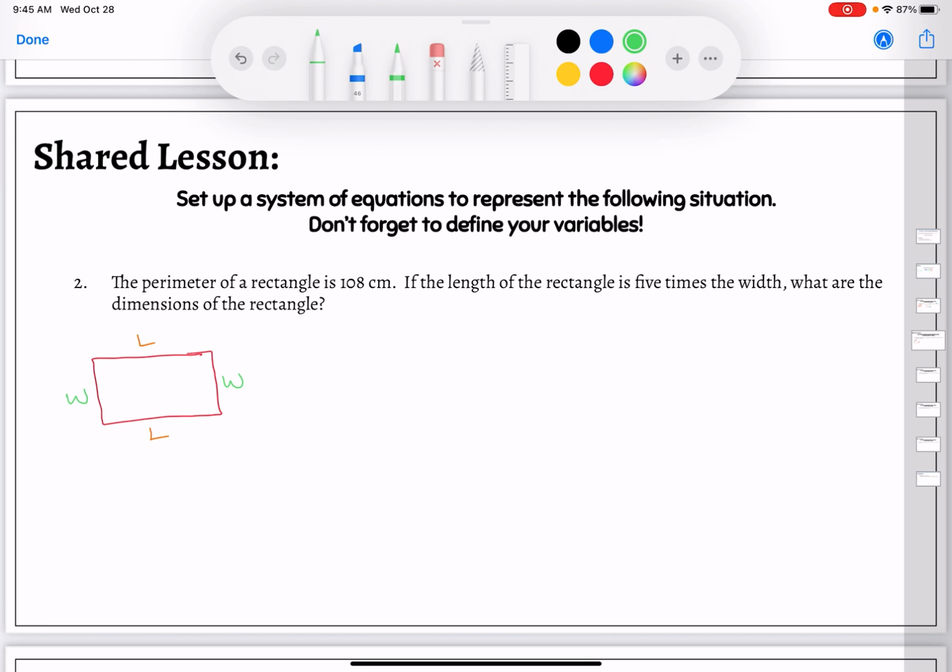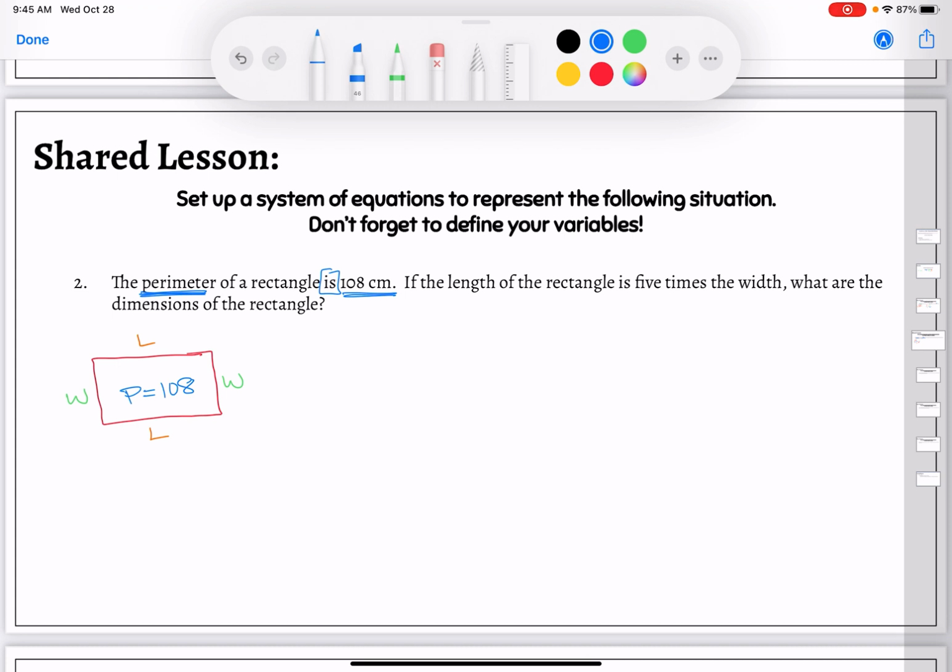Okay, so my first sentence says that the perimeter of this rectangle is 108 centimeters. So I should be able to write that equation, right? Based off of that information, the perimeter. Perimeter is where you add up all of the sides.